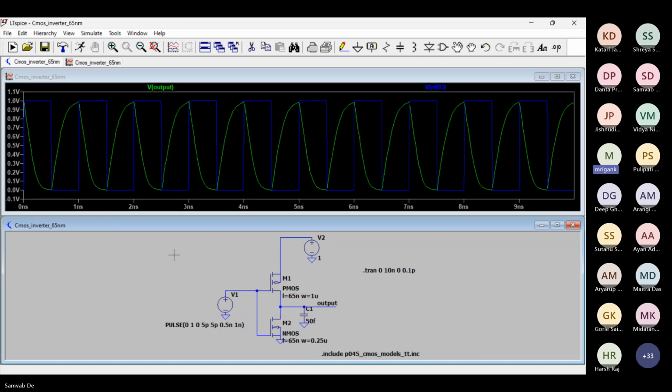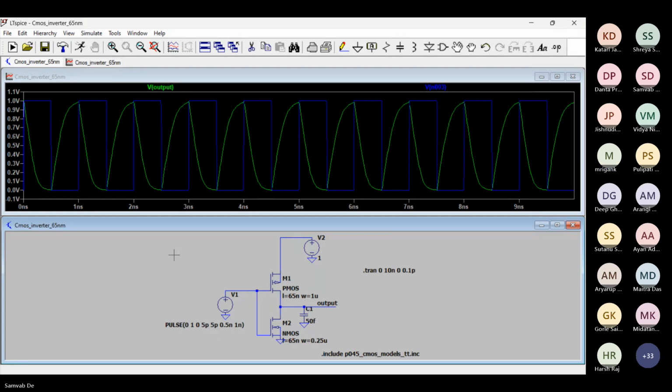So if you want to make the waveform sharper, in this case, you can simply increase the PMOS and NMOS W further. L, we can keep it minimum because whatever the minimum L the technology node provides, we stick to that minimum L for digital circuits most of the time. So in this case, we are keeping the length minimum, but we want to improve the waveform, then we have to increase the W so that it is able to improve the rise time and fall time.